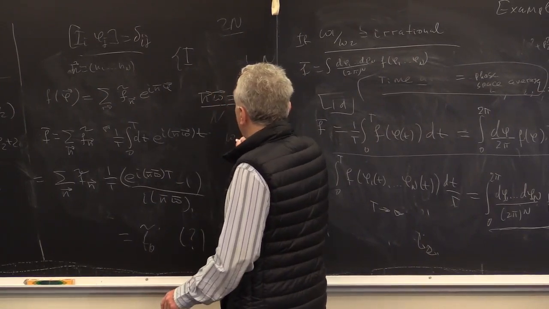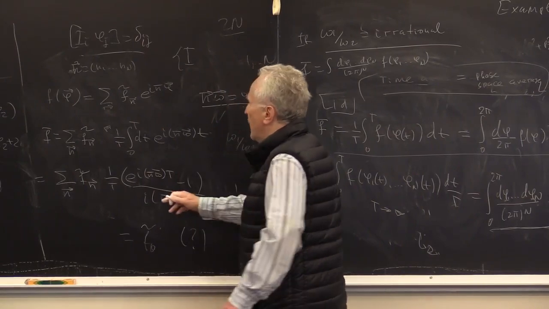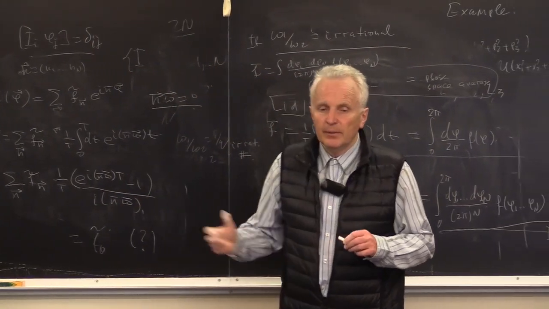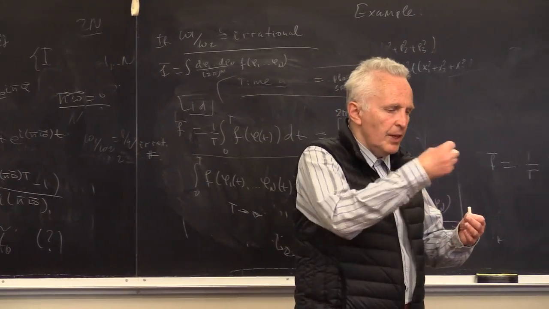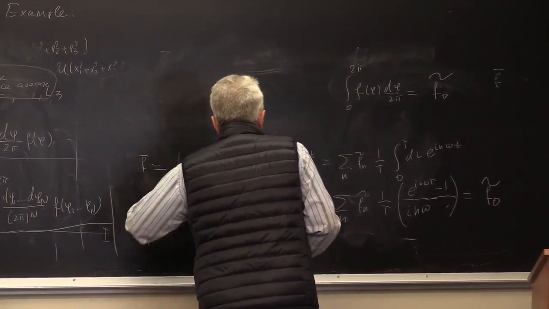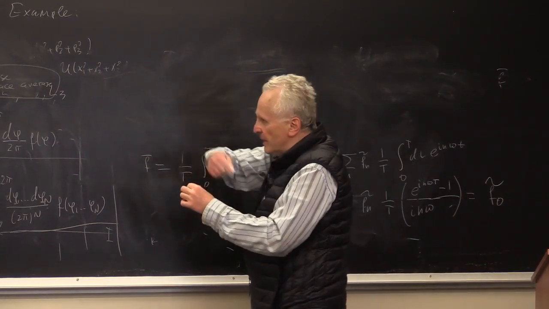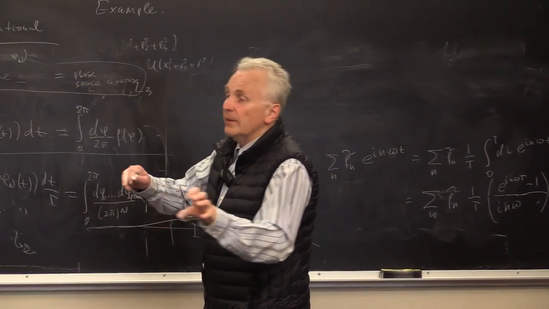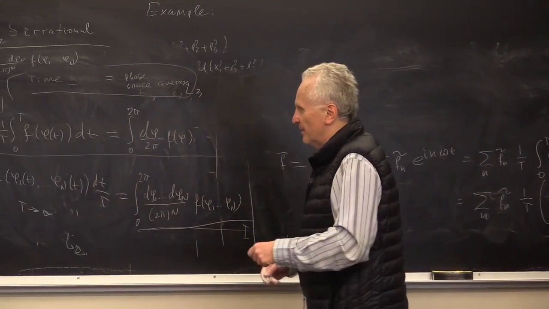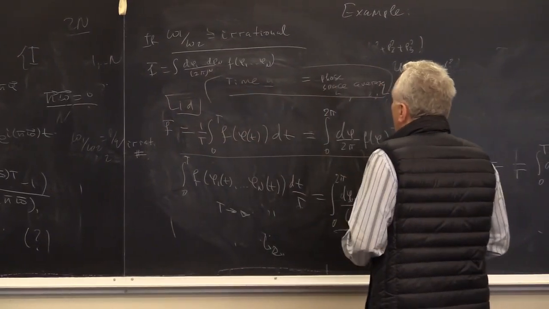Suppose that omega 1 over omega 2 is p divided by q, and you will be able to see from this sum the naive geometrical idea that in this case there are closed trajectories and not all of the torus is covered. All this should be seen from this formula. All right.